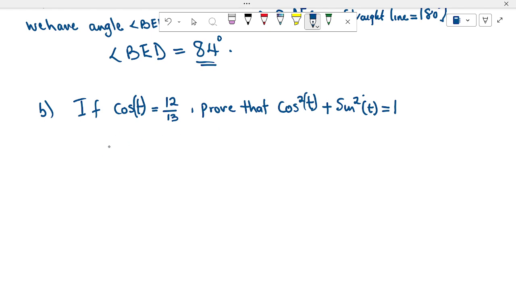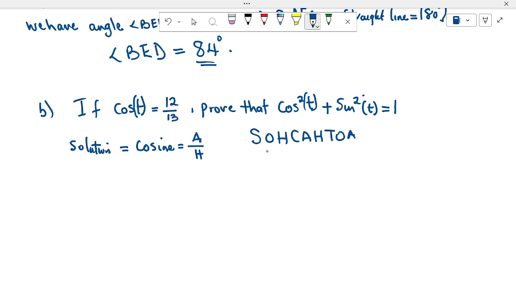We know that cosine is equal to adjacent all over hypotenuse from SOHCAHTOA, which is the rhetoric we use in remembering our sine, cosine, and tangent.